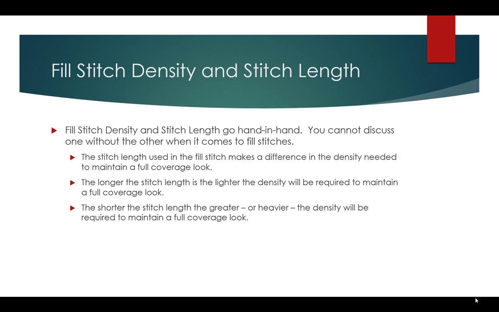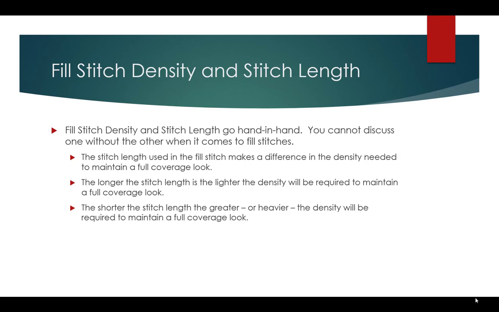The longer the stitch length is, the lighter the density will be required to maintain that full covered look. Again, the longer the stitch length, the lighter the density required. The shorter the stitch length, the greater or the heavier the density will need to be in order to maintain a full covered look.